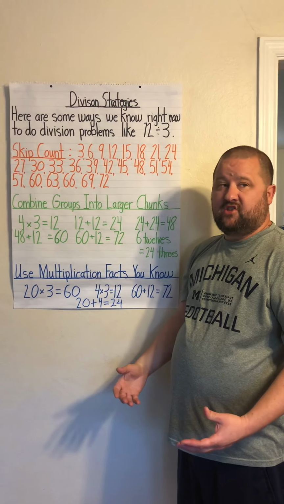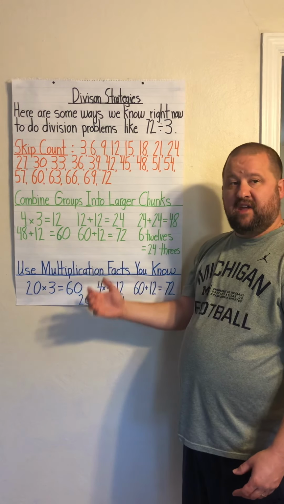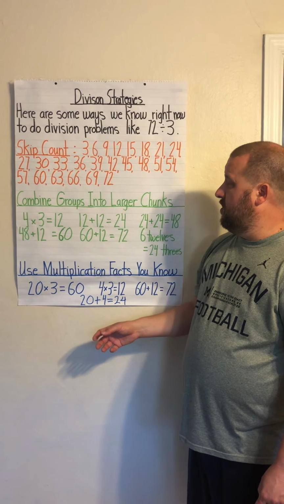Now, one of the strategies we talked about earlier was skip counting. When you skip count to a high number like 72, it's important that you write those numbers down so you can make sure you're following along correctly.